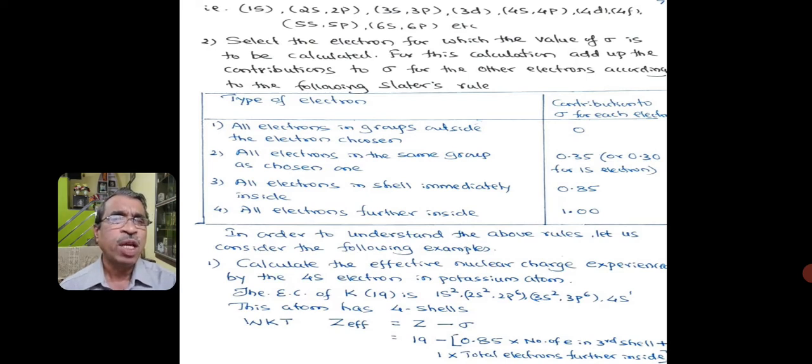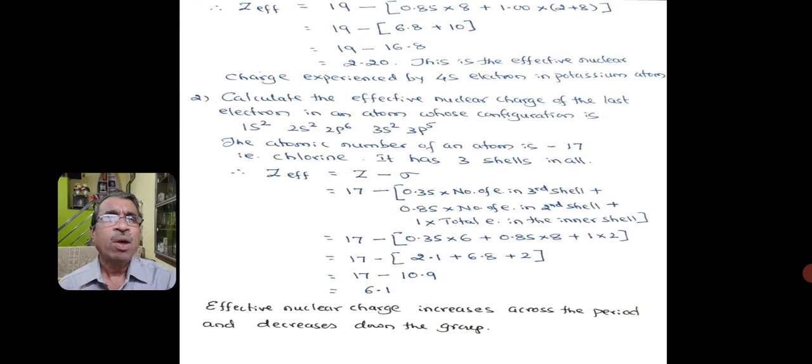Therefore, it becomes 0.85 into 8 plus the inner electrons. How many inner electrons in the second and first shell are there? In the first shell 2 electrons, in the second shell 8 electrons. So 8 plus 2 will be 10. Therefore, this we have to multiply by 1.